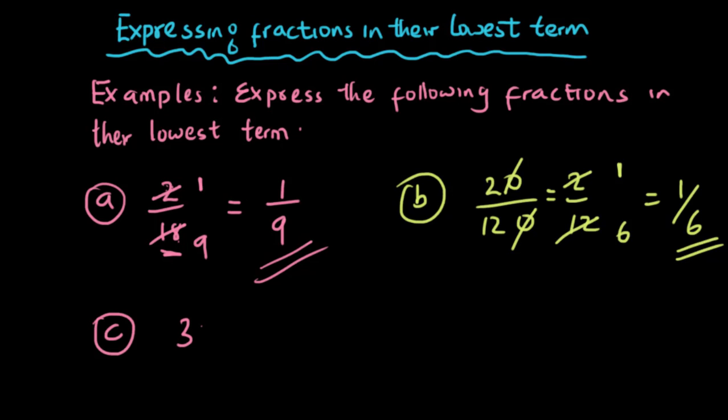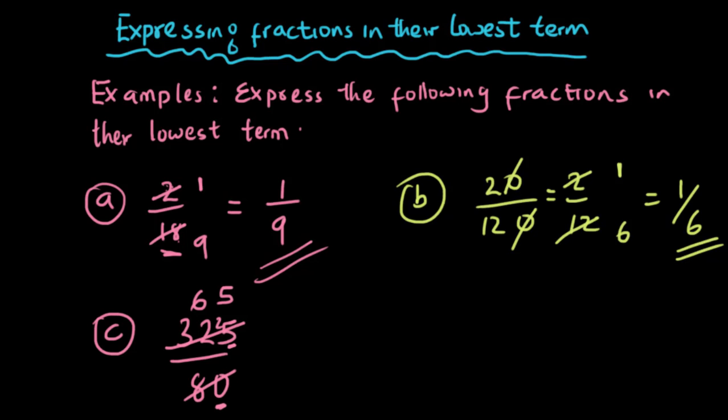Let's take another question. So we have 325 all over 80. Now you ask yourself, what can go in both the denominator and the numerator? Now look, this is ending with 5 and this is ending with 0. It means that 5 can go in both of them. Now 5 in 32 is 6, remainder 2. 5 in 25 is 5.